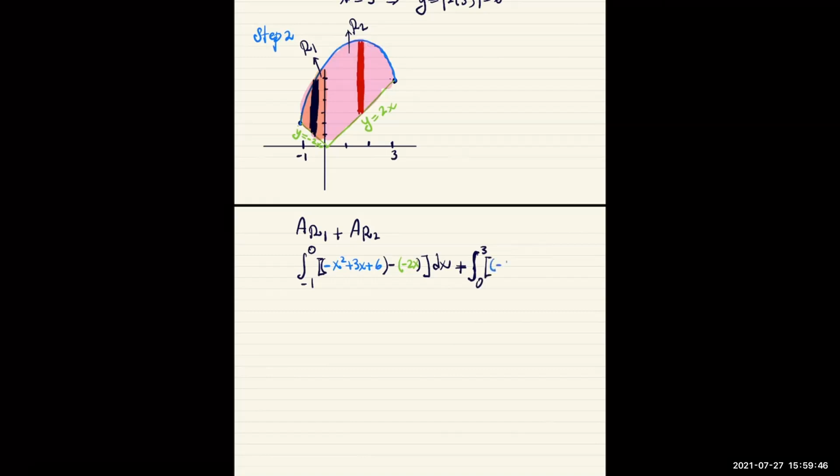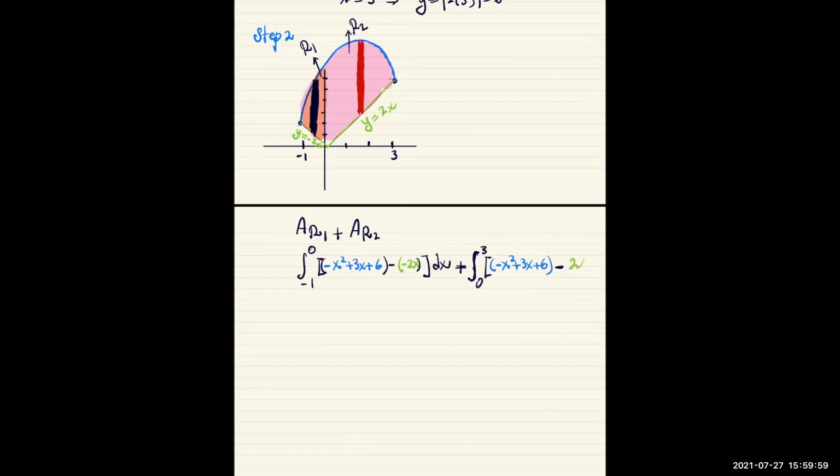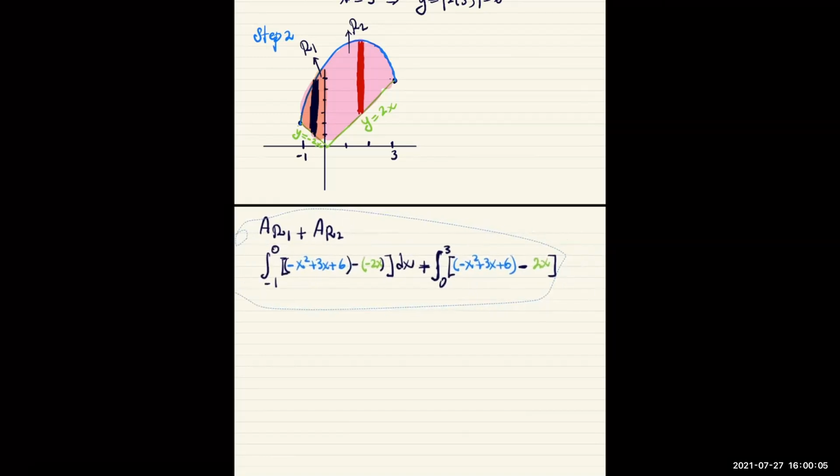So same thing, -x² plus 3x plus 6 minus the bottom function, which is 2x. This is how you set up the integral.